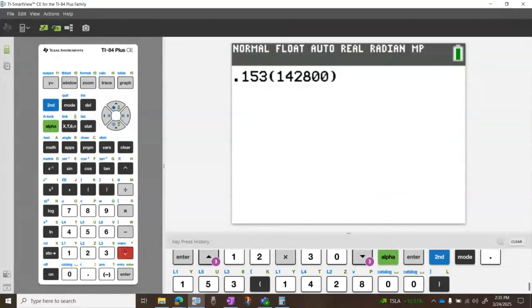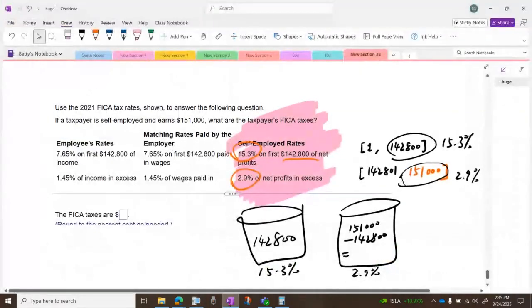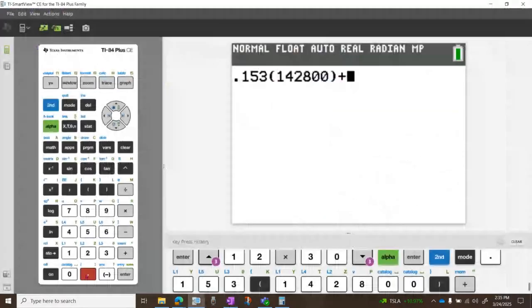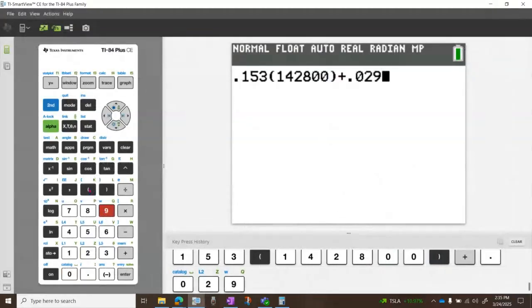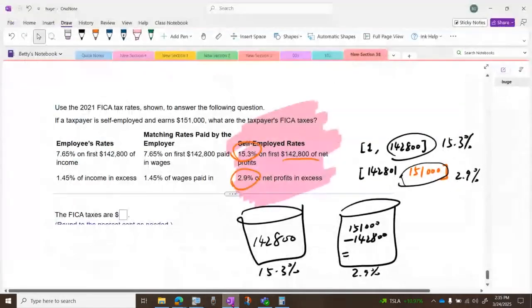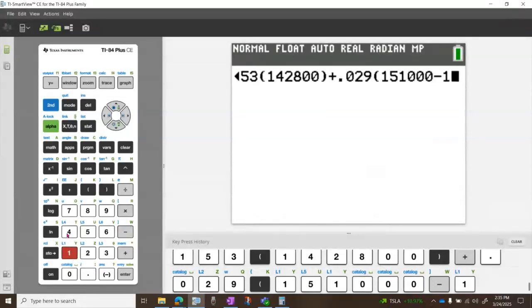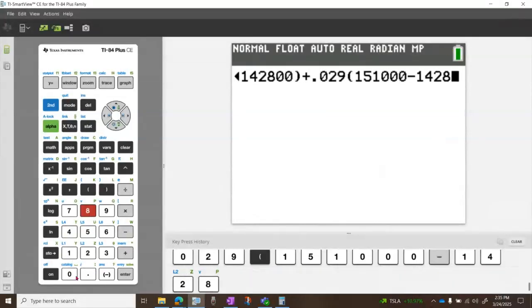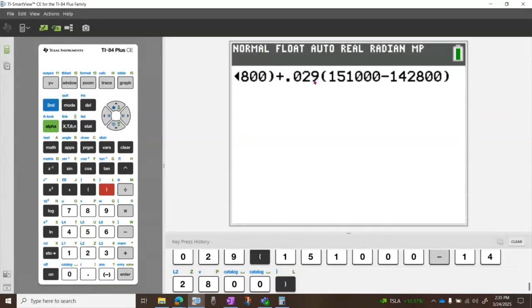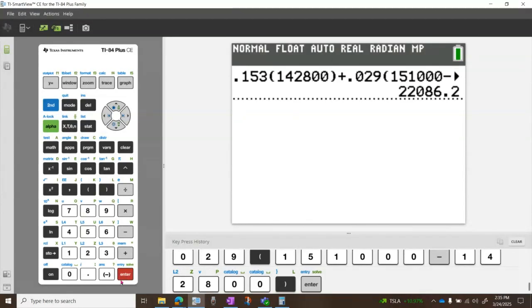And then plus the second rate, 2.9%, 0.029, times the money amount in the second bucket. The second bucket we have 151,000 minus the money in the first bucket, 142,800. A benefit of doing this is I can check my entry at once.